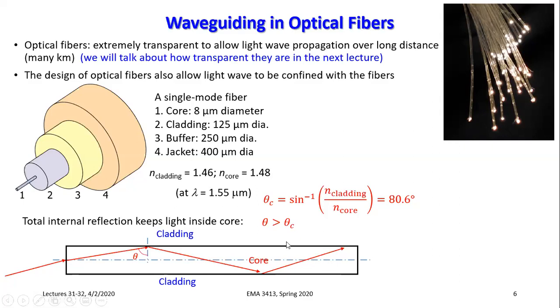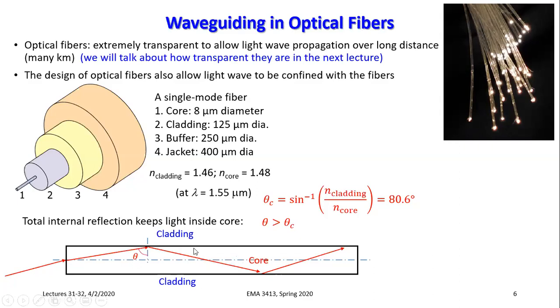Now, I do have to caution that this is what we call ray optics. We are looking at these light waves as rays. This is a simple understanding of how fibers can guide the light, but in reality, this is not accurate enough. These are what I call single mode, because the wavelength is 1.55 micron and this core is only 8 micron in diameter.